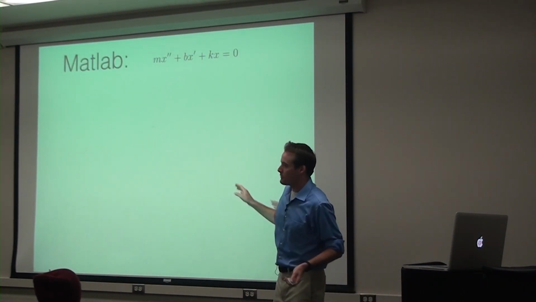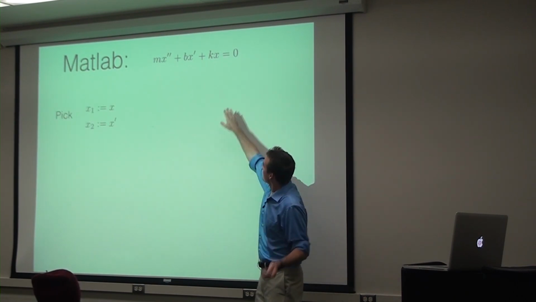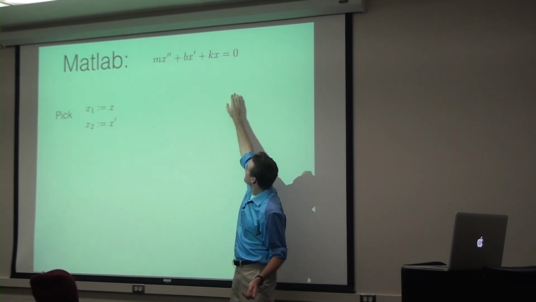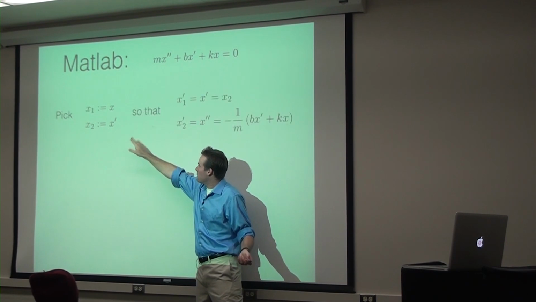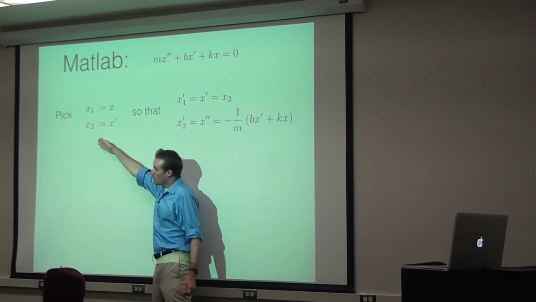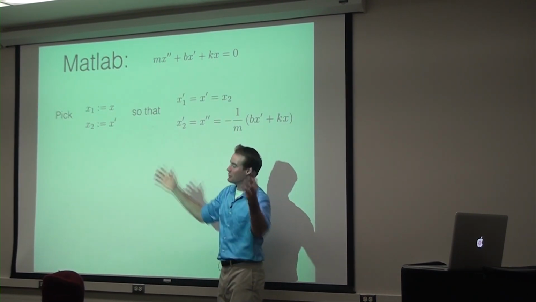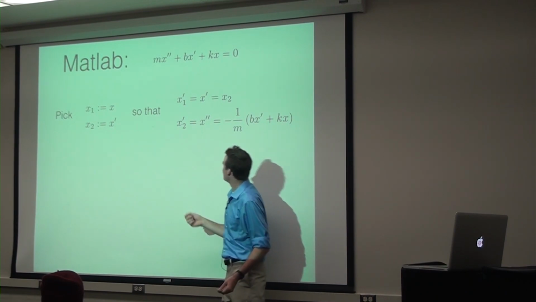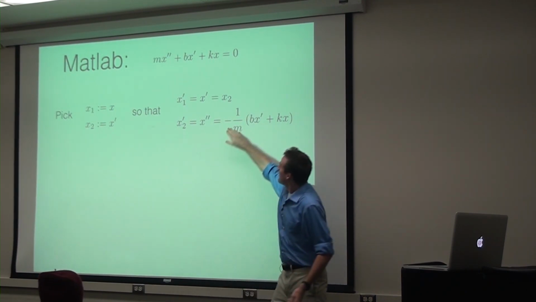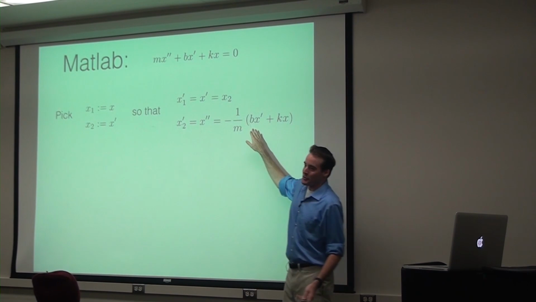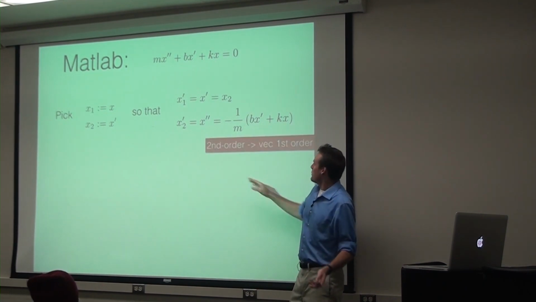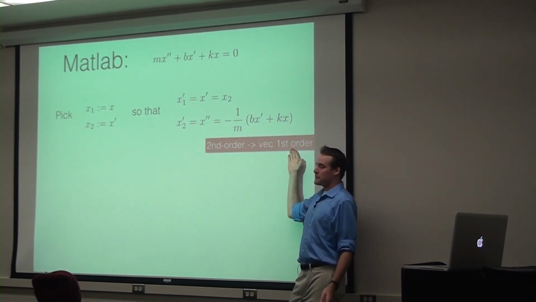This is just a reminder of what you have to do in Matlab if you want to simulate these things. So here's m x double dot plus b x dot plus k x equals 0. First you have to vectorize. You have to pick a couple of intermediate variables, and you have to express the derivatives of these intermediate variables in terms of the ODE. This is so that you can turn a second order equation into a vector first order equation.